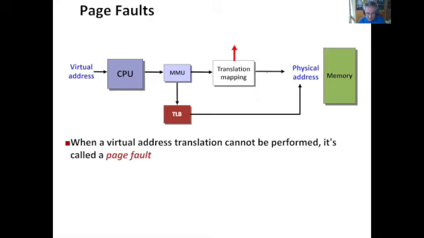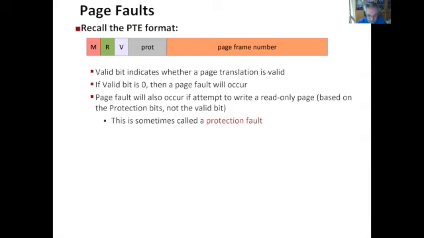So what happens in the case of a page fault? Let's look at the page table entry here. A page fault happens when this valid bit is 0, okay? And when the valid bit is 0, this is called a page fault, but the fault can occur for 2 reasons. It can also occur when you try to, for example, write into a read-only page.